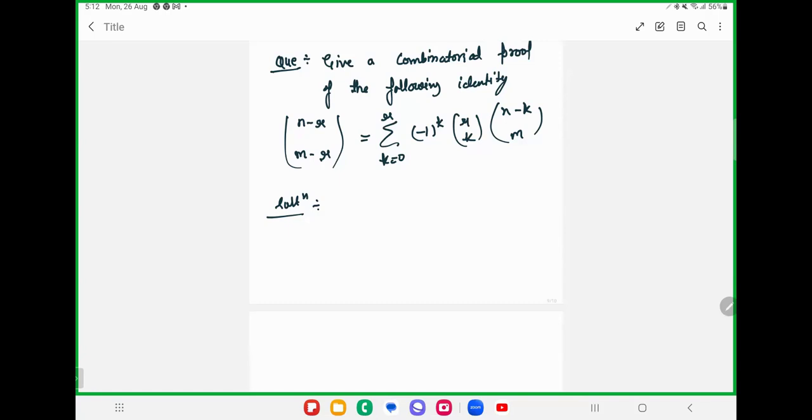So how to prove? We will give a combinatorial proof of this. So let's start.